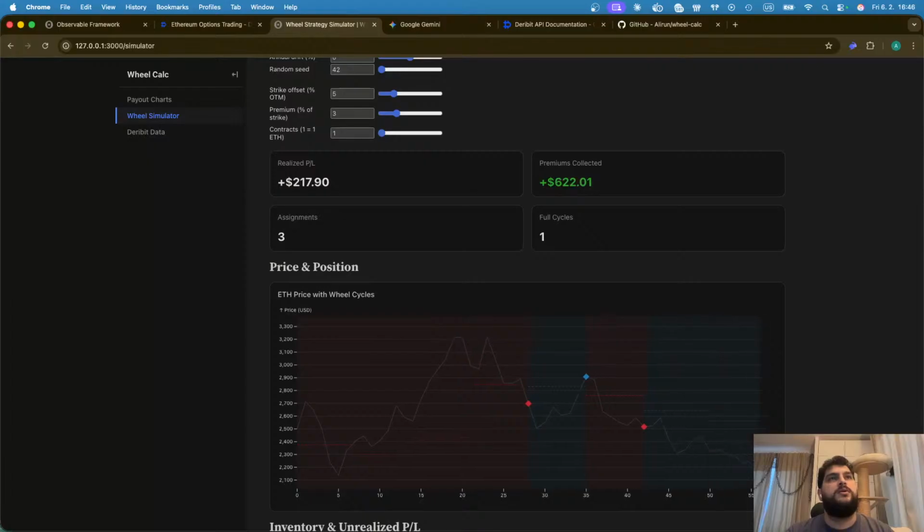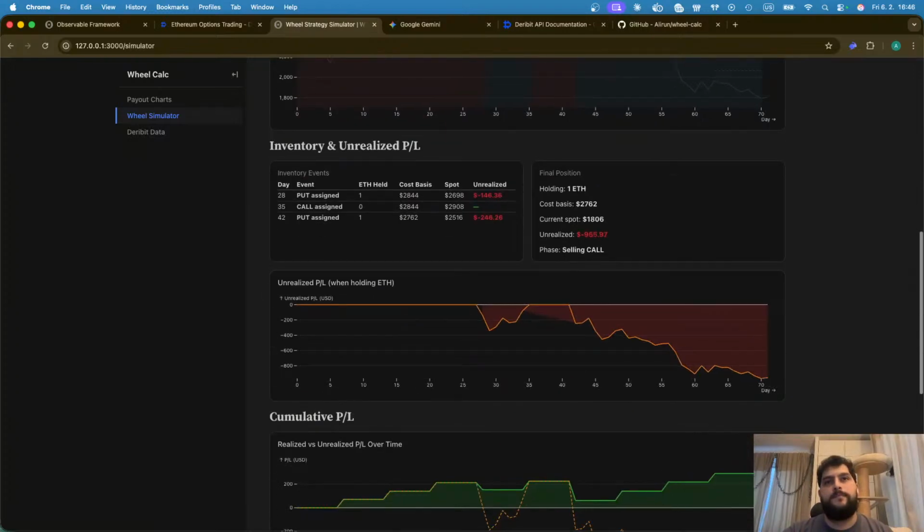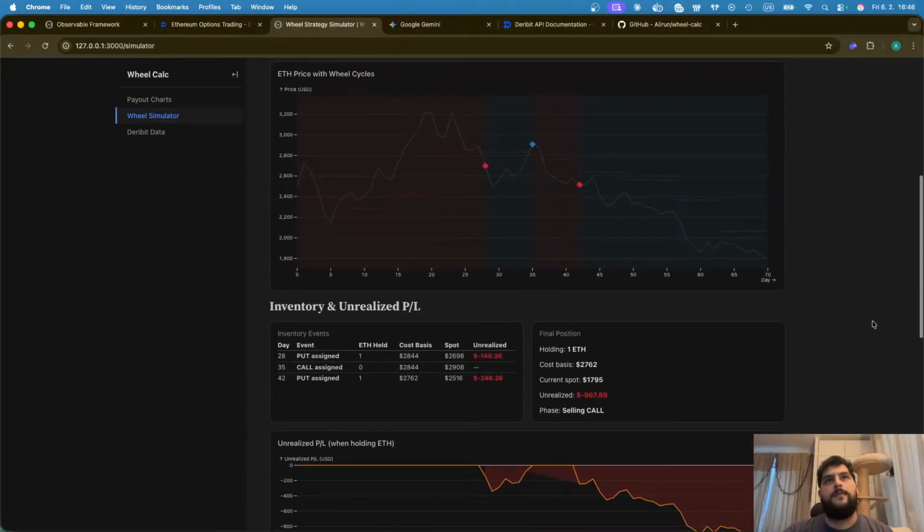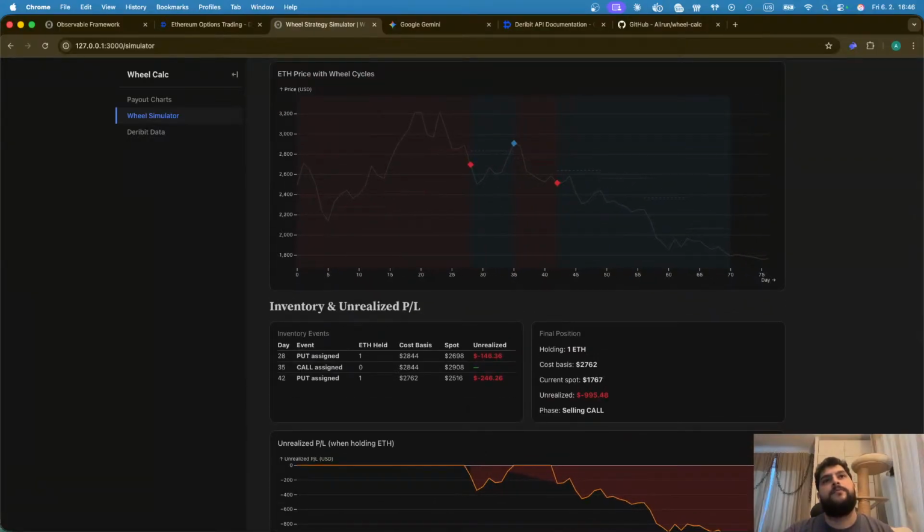So now we earned, we wait, and we earned more, we wait, then earned more, and now the price goes up, and it looks like it's gonna potentially get assigned here.